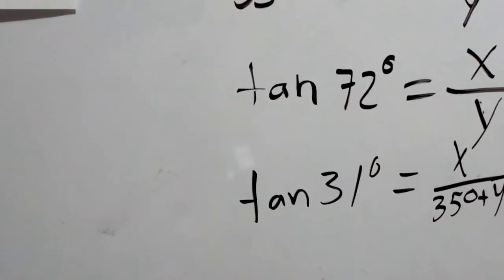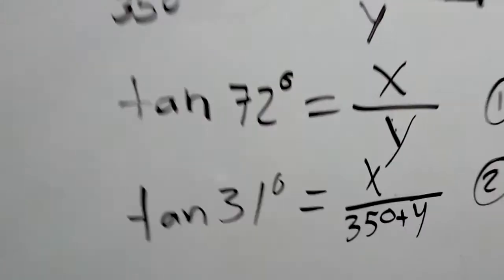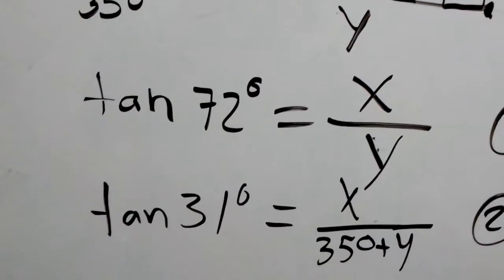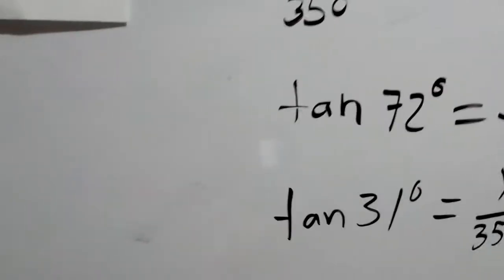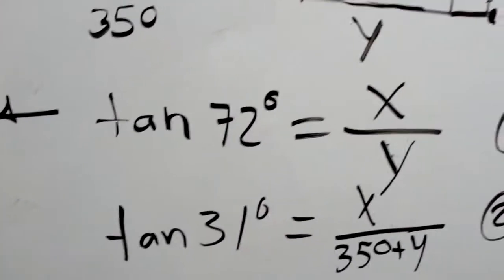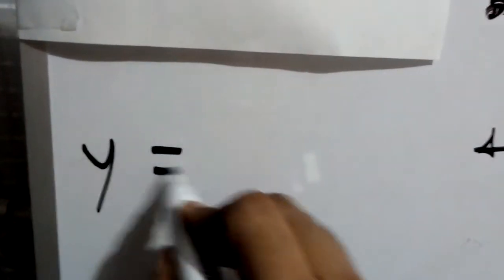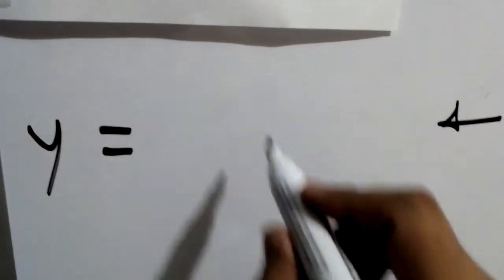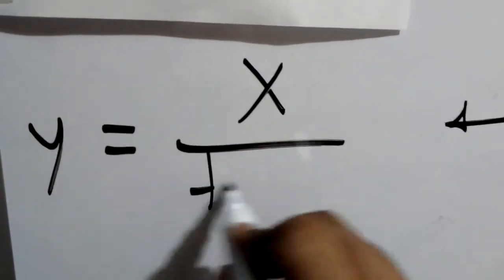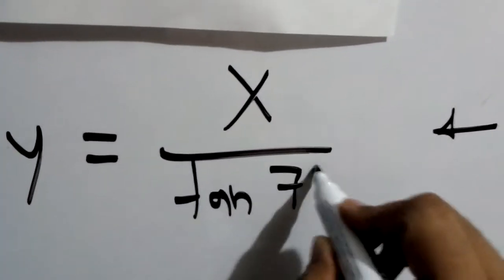For example, you have a y here. What if we take equation 1 and clear for y? So y is equal to x over tangent of 72 degrees.